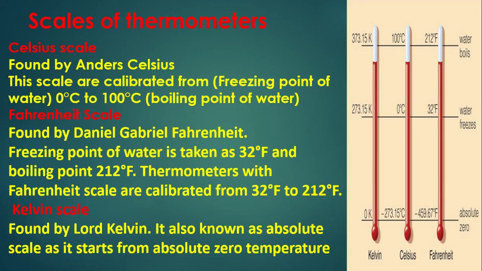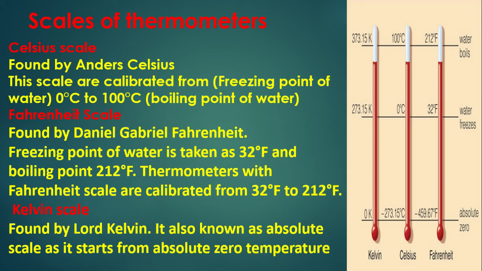Kelvin scale. Kelvin scale was founded by Lord Kelvin. It is also known as absolute scale as it starts from absolute zero temperature. Water boils at 373.15 Kelvin, 100 degrees Celsius or 212 degrees Fahrenheit.